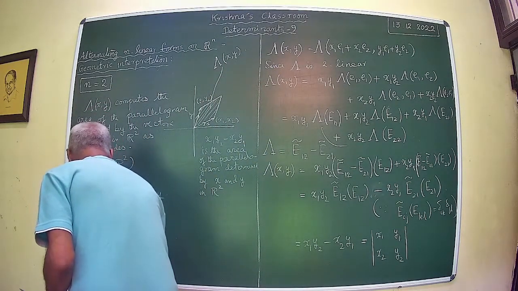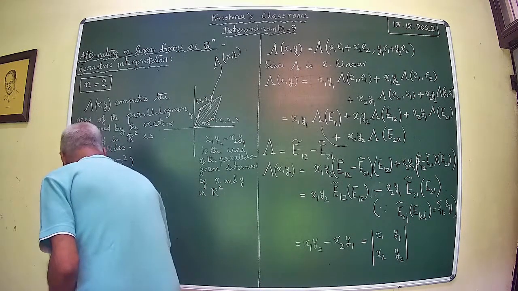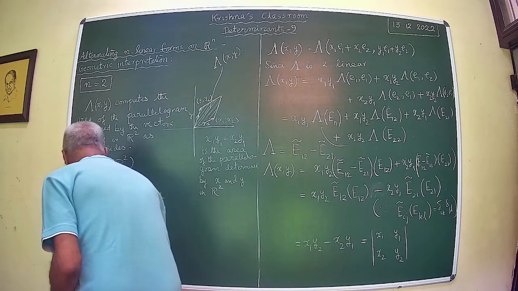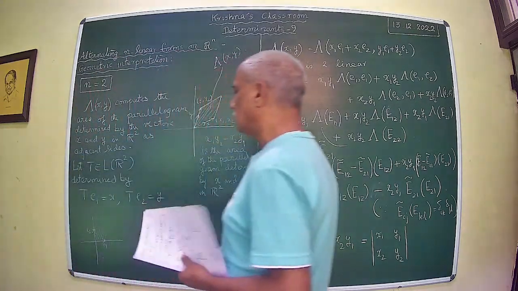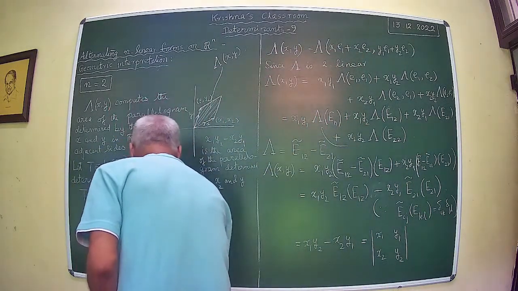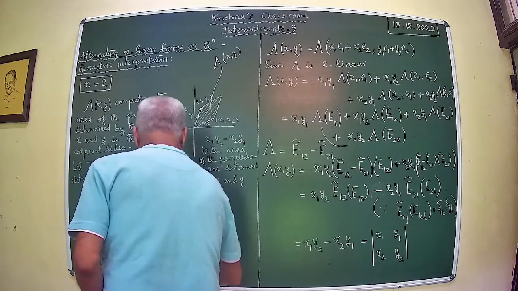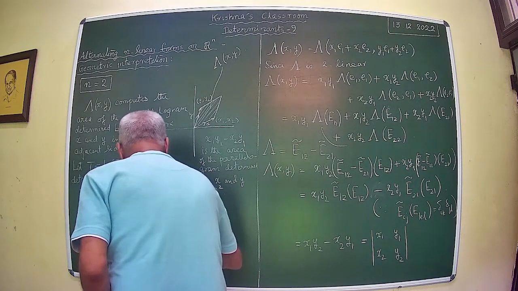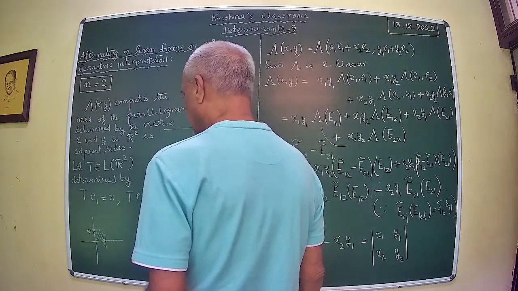This is E1, this is E2, and then consider this box. These are the two vectors which are linearly independent and form a basis for R2. Now you see that E1 gets mapped to X. E2 gets mapped to Y. Okay.